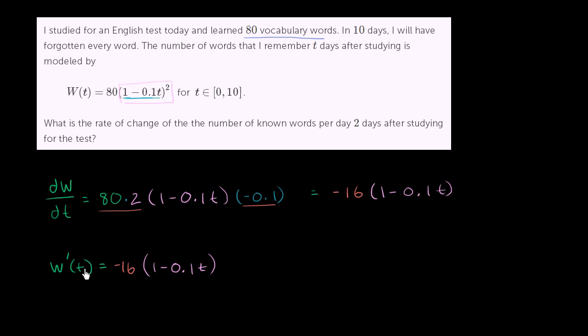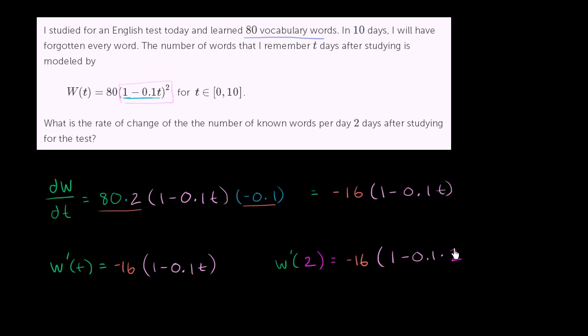So what is the rate of change of the number of words known per day 2 days after studying for the test? Well, we just have to evaluate this when t is equal to 2. So W prime of 2 is equal to negative 16 times (1 minus 0.1 times 2).